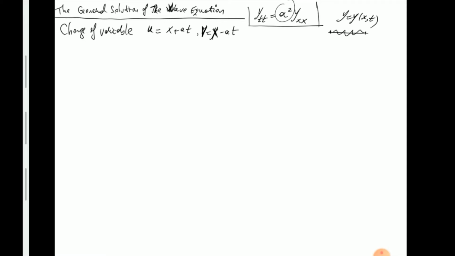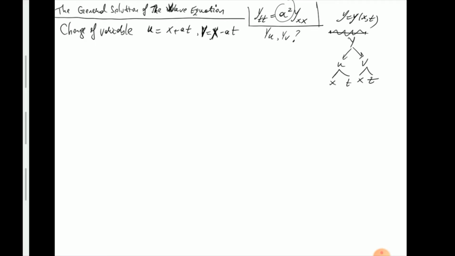Okay, so the goal is to change these partial derivatives with respect to t and x into partial derivatives with respect to u and v. So that's what we want to get. And from calculus 3, remember, if you have a function of two variables, which in turn each of them is a function of two other variables, you have what we called in calculus 3 a tree of dependence of these variables. So view first y as a function of u and v, which in turn are functions of x and t, because u is x plus at, v is x minus at.